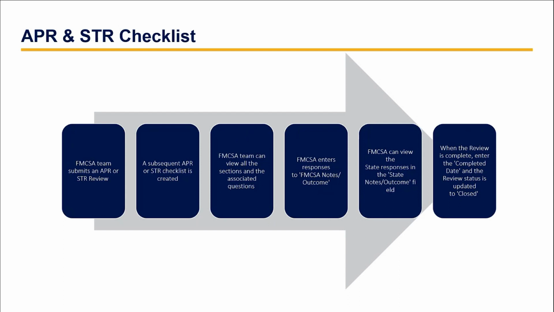Then the FMCSA team can view all the sections and the associated questions and enter all the responses. FMCSA can also view state responses in the state note section, which I'll show very soon. And then when the review is complete with all this checklist, we enter the checklist completion date, and the review status gets updated to closed.